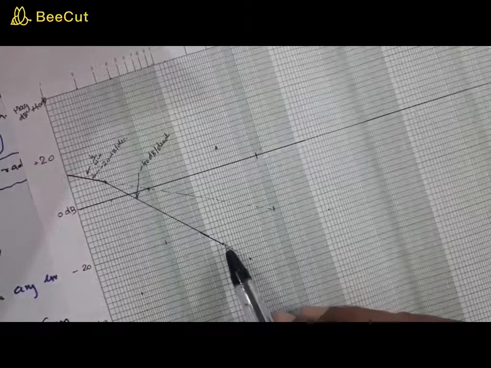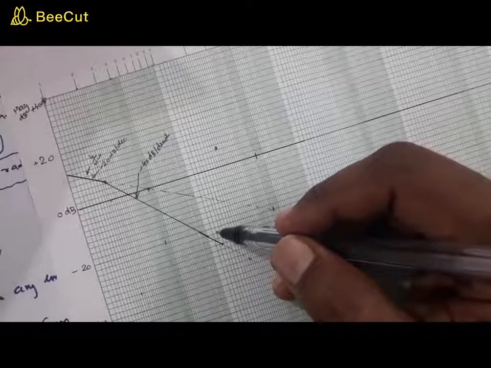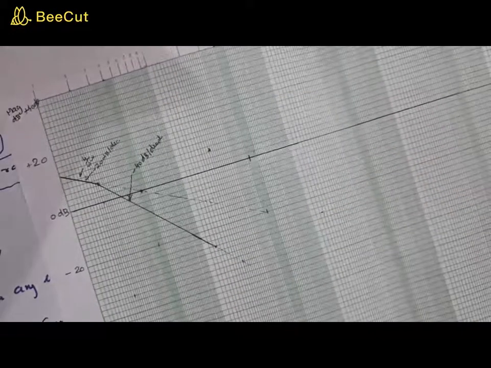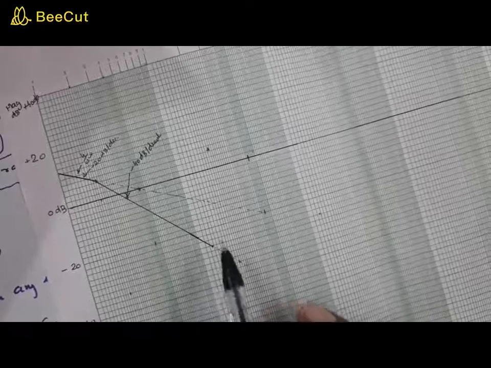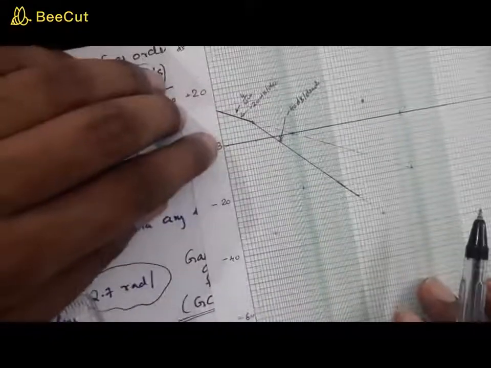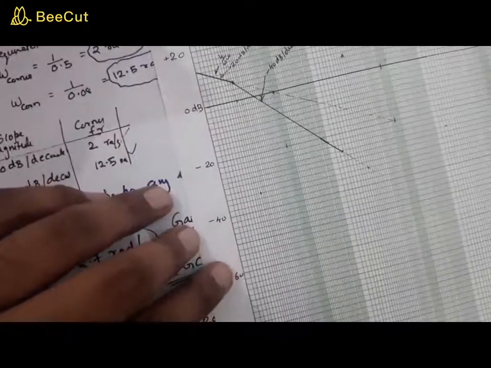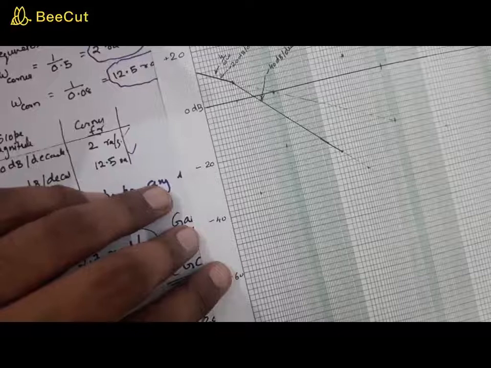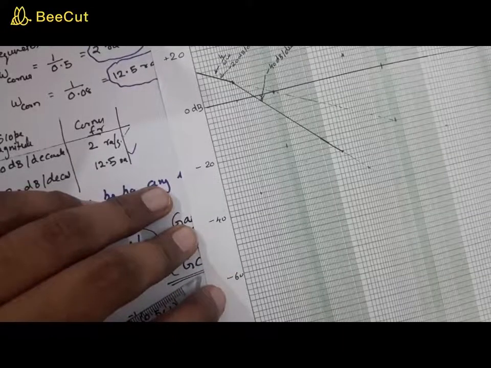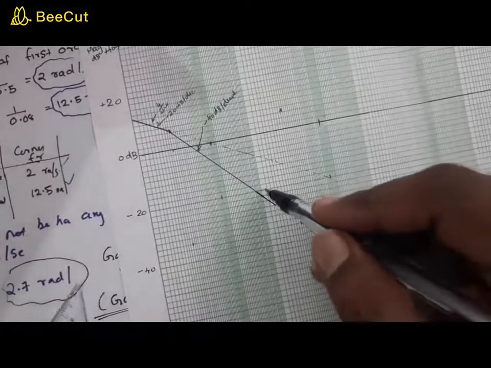Now the 60 dB point, so from this, this is 1, 2, 3. Okay, now what about the 60 dB? Now from this point, the 60 dB is this. Okay, so this must be minus 80, minus 100 and so on. Now look at this.